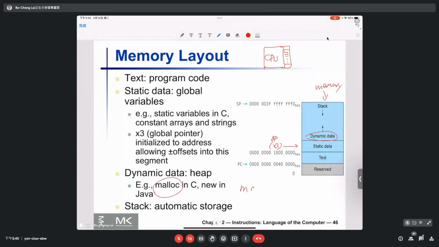So where does the system find this space? From that dynamic area. If the system gives you 128 bytes, it will record that these 128 bytes are already used by you and reduce the size of the heap. That's dynamic memory allocation.